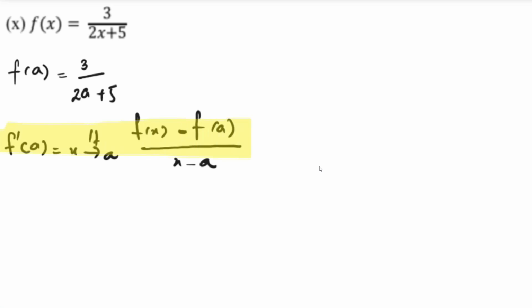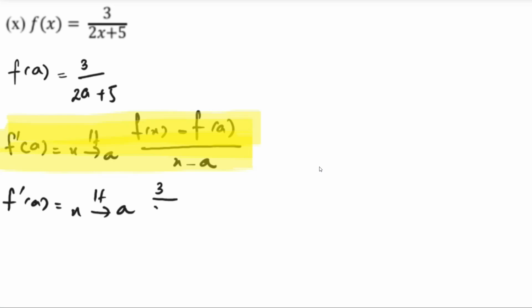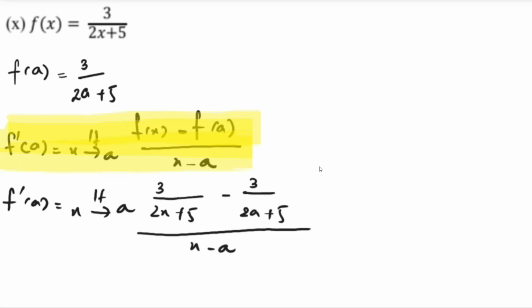This is the formula for finding derivative by ab initio method. Now replace f of x and f of a in this one. F of x is 3 by 2x plus 5 minus 3 by 2a plus 5 divided by x minus a.